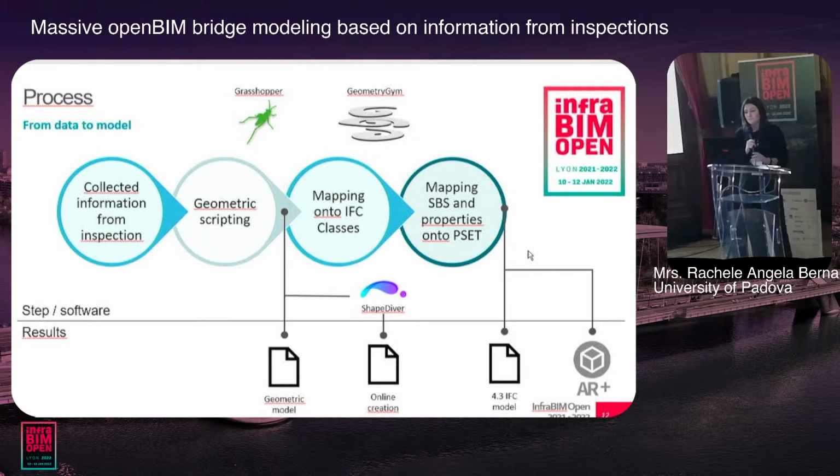And when mapping the properties into pset, what we have is the combination of the classes mapped into IFC plus the properties and the pset attached to them. We have the IFC model, and I will show you the use of augmented reality in order to complete the whole process.